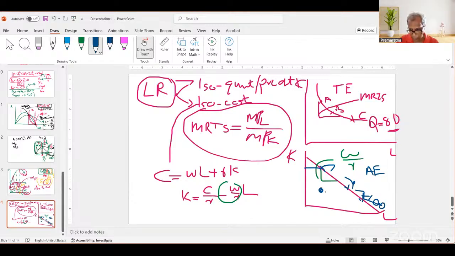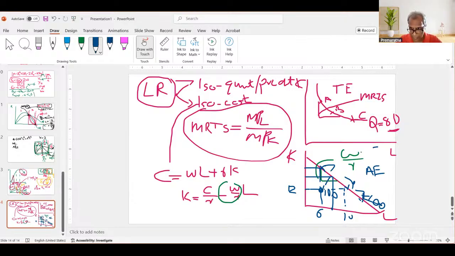If the manager spends less than $100 here, he is not allocatively efficient, for example buying 2 units of capital and 6 units of labor. But you can see that at the maximum optimal level, he can buy more labor and increase production, or more capital, or both. So allocative efficiency is only on the line.